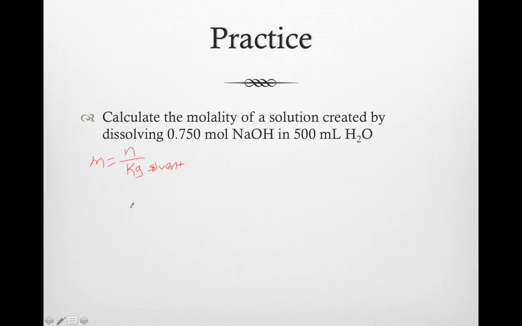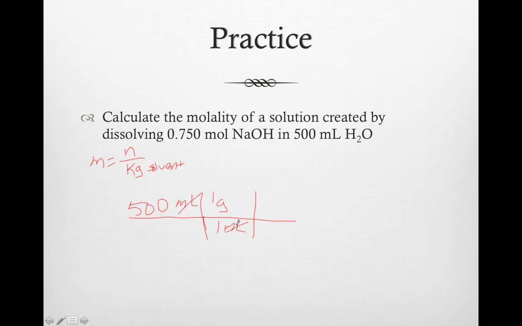And so I know that I have 500 milliliters of water. And I also remember from the last slide, the density of water is 1 gram per milliliter. So I know that I have 1 gram for every 1 milliliter. And if I set it up this way, I get my units to cancel out.